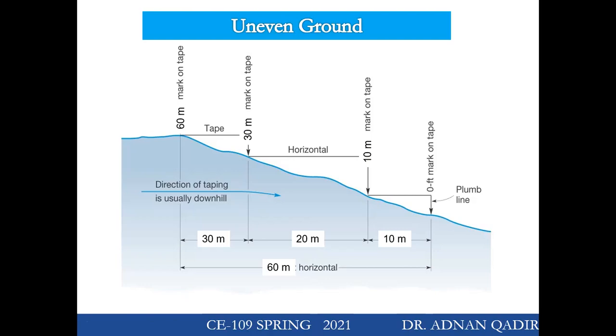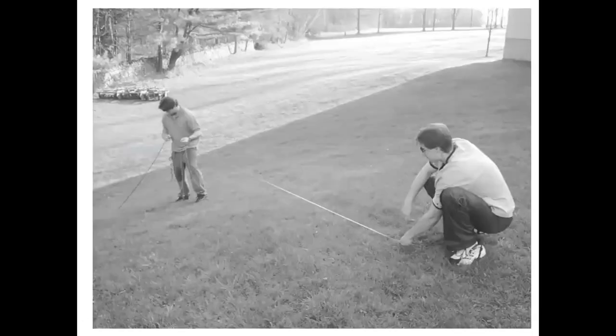So whenever you drop a plumb, you can always find verticality, and you set the peg. Then in three segments, or say 60 meters horizontal, you can do it using tape and plumb bob in this manner, and you always tape towards the down side, not the up, like this.